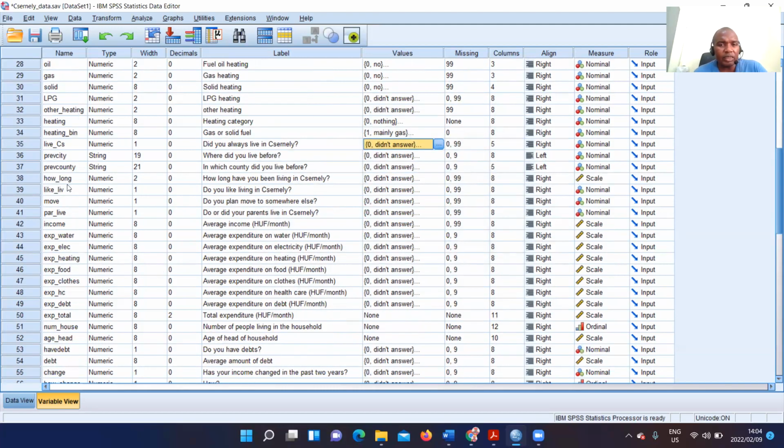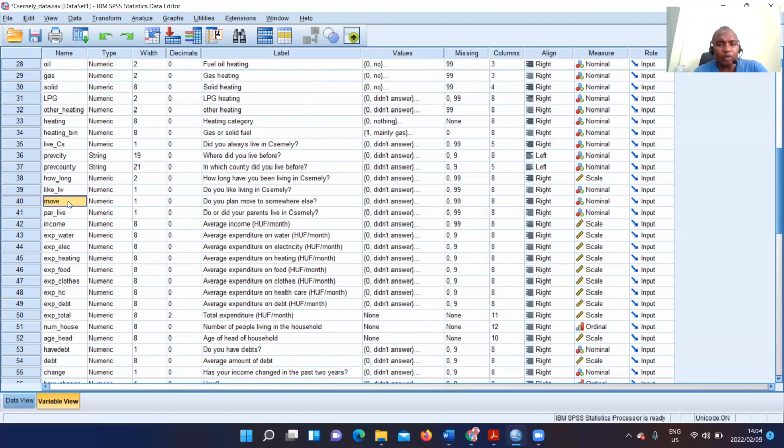And then the questionnaire proceeds with these questions asking the respondents about where they lived, like where did you live before living in Sandy? What was your previous county? How long have you been living in Sandy? Do you like living in Sandy?